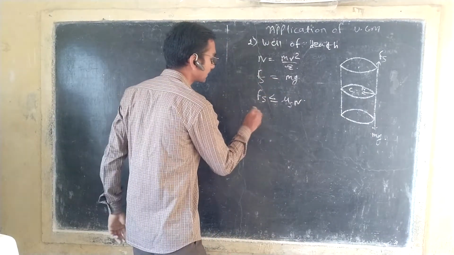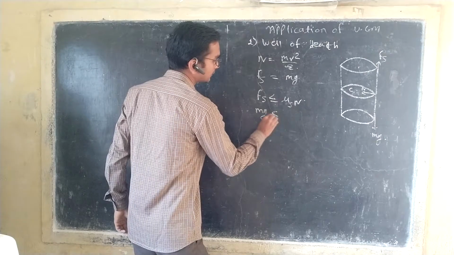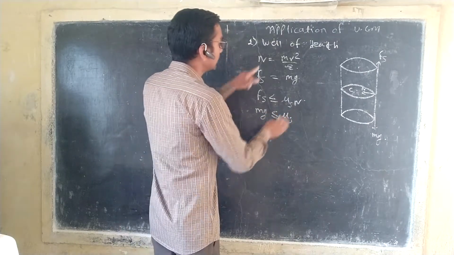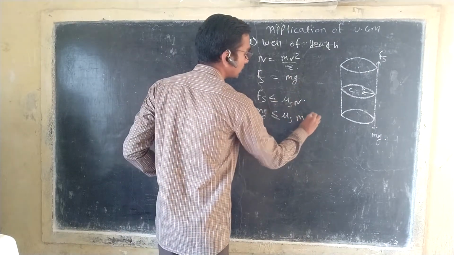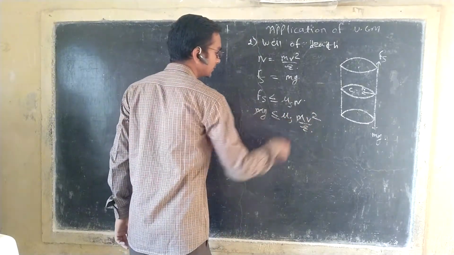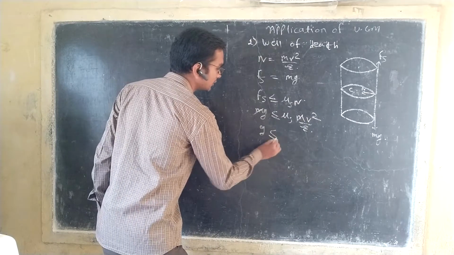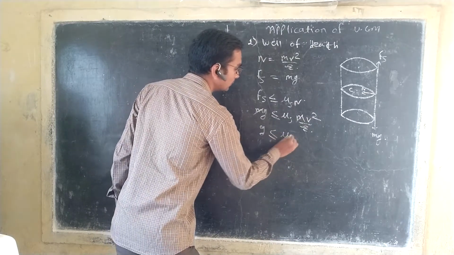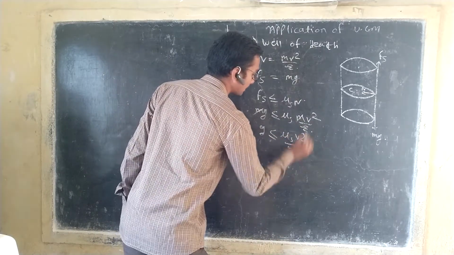Fs is mg, less than or equal to mu s, but n is what? mv square by r. So this m and this m will get cancelled. Therefore g is less than or equal to mu s v square by r.